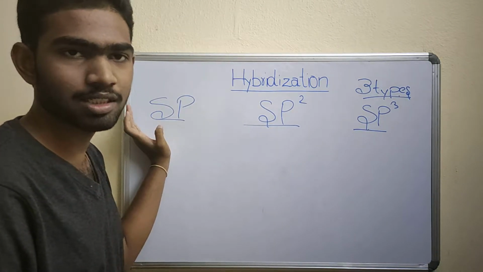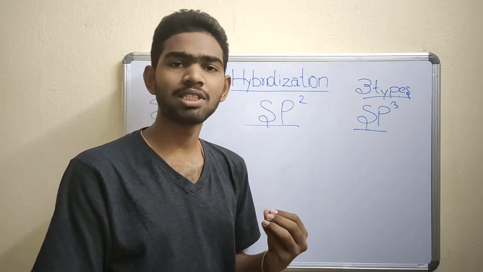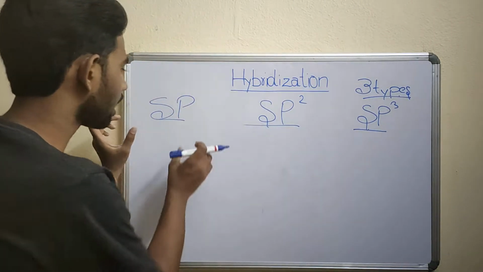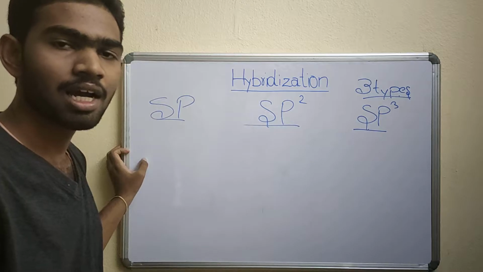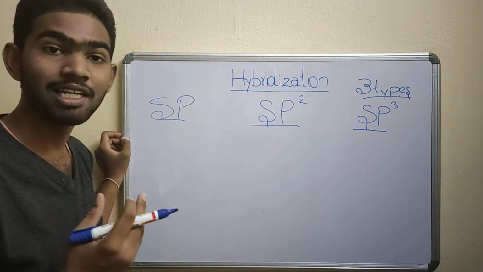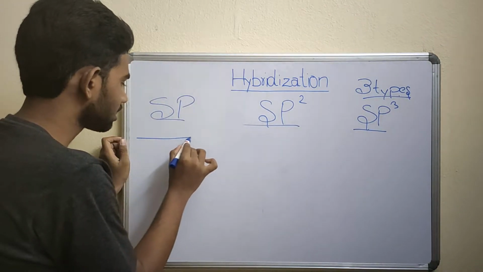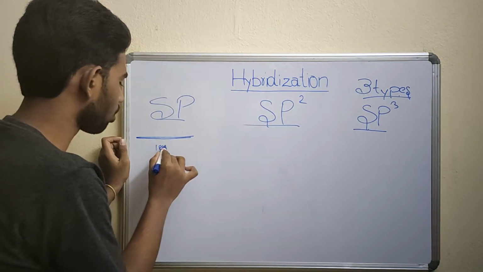sp hybridization means the process of intermixing of one s orbital and one p orbital. Its shape is linear, with a 180 degrees bond angle.